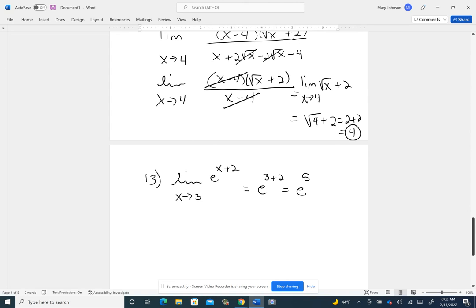When you plug that in, you would have gotten about 148.4, but that's not an exact answer. So this would have been better to just leave it as an exact answer. Okay. All right. And then let's see, one test had e to the x plus 1 instead of e to the x plus 2. Okay.